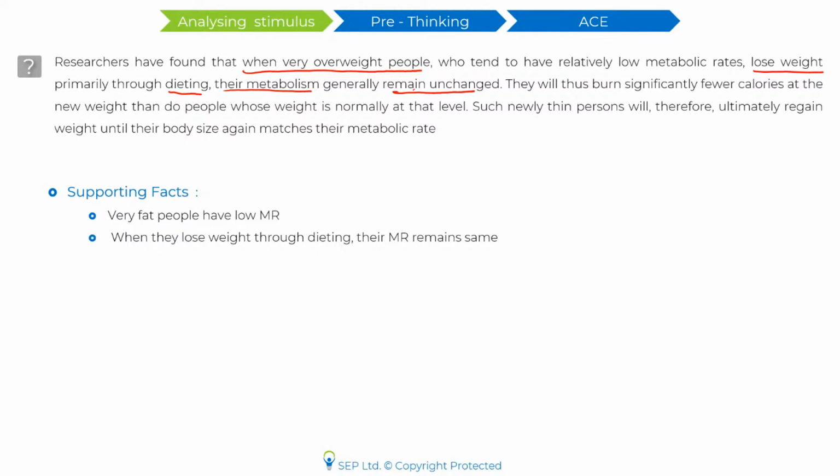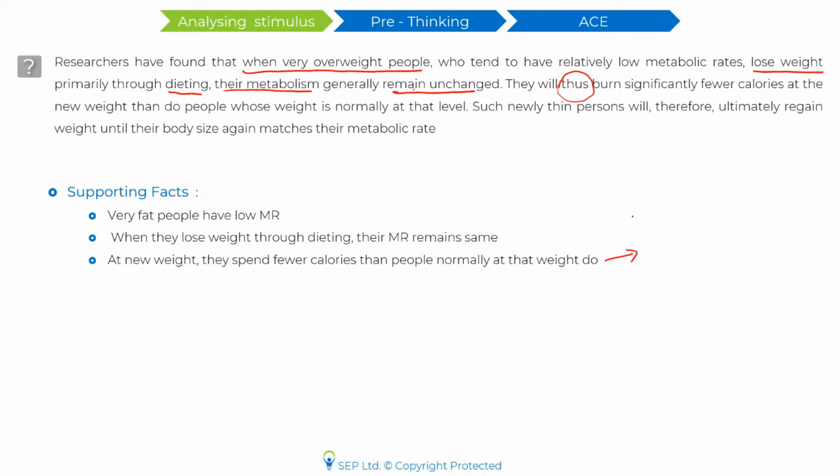They will thus burn a lot fewer calories at the new weight than do people whose weight is normally at that level. It means that at the new weight, they are going to spend fewer calories than people normally at that weight do.